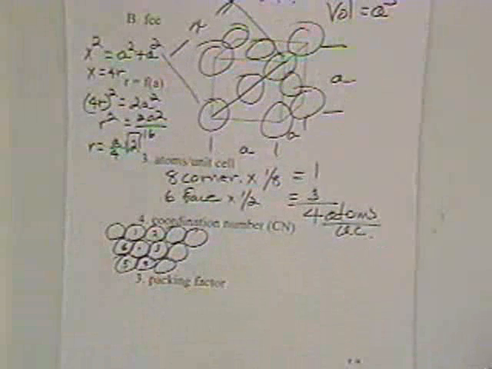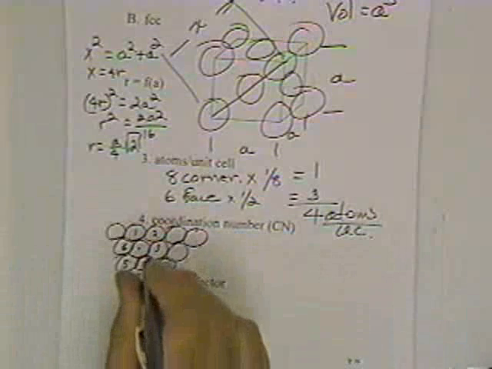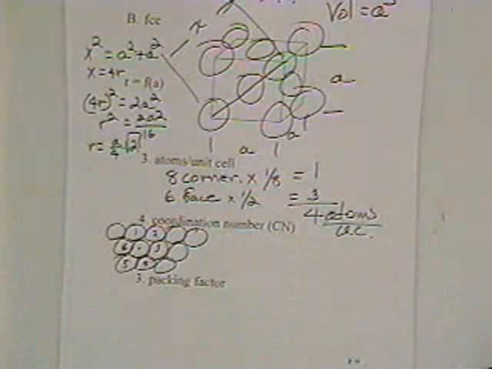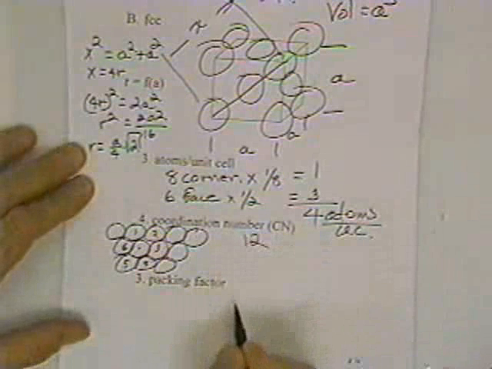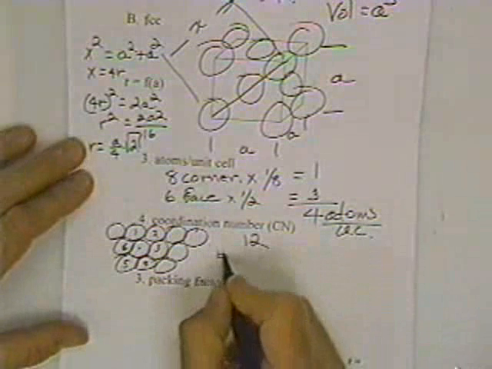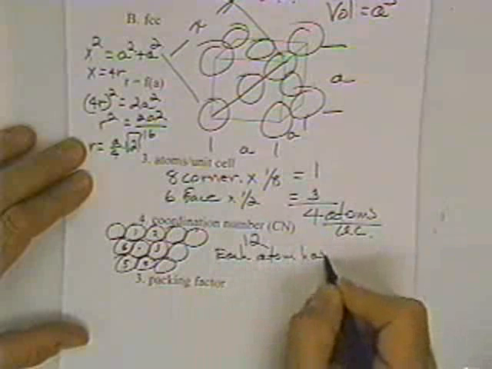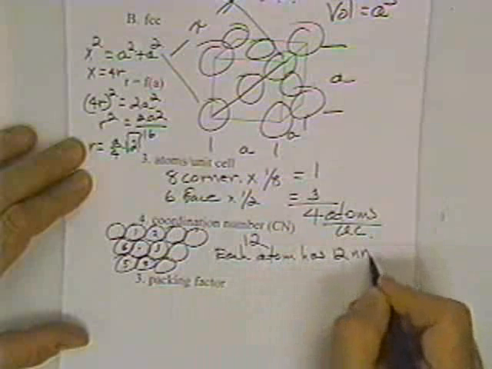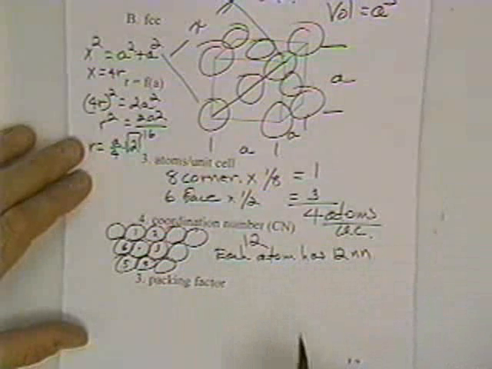So in 2 dimensions it has 6 nearest neighbors. But now if we took another one of these close packed planes and put it on top, we could have 1, 2, 3 atoms more in contact above the plane, 3 atoms more below the plane. So the coordination number is 12 for face-centered cubic. Each atom has 12 nearest neighbors, and that's typical of a close packed structure.